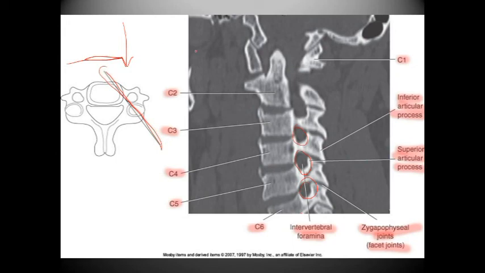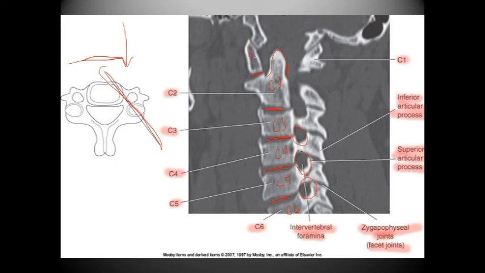So with that being said, we have the odontoid process here of C2. So we're going to say this is C2, 3, 4, 5, and C6. We do have disc here, here, here, here, and here.